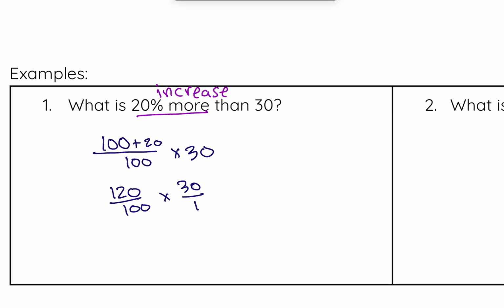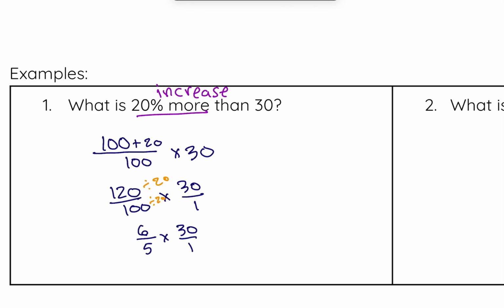Before we actually do any multiplying, let's see if we can simplify at all. In this case, 120 and 100 are both divisible by 20. 120 divided by 20 is 6, and 100 divided by 20 is 5. So we have 6/5 times 30 over 1.